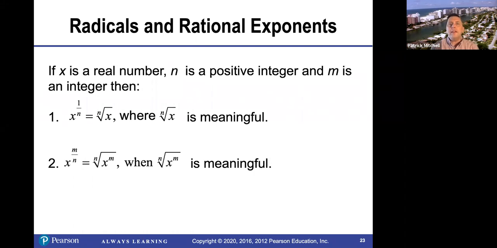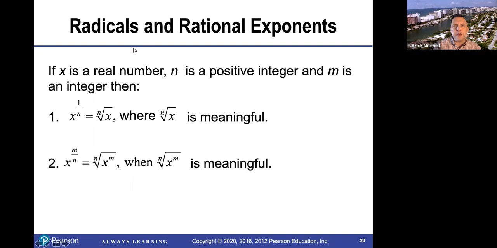All right, now we're on to rational exponents. If x is a real number and n is a positive integer and m is any integer, then x to the power 1 over n is equal to the nth root of x, as long as the nth root of x is a defined real number. That's what they mean by meaningful. And then x to the power m over n is equal to the nth root of x to the m.